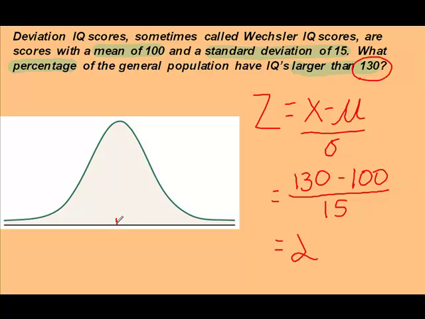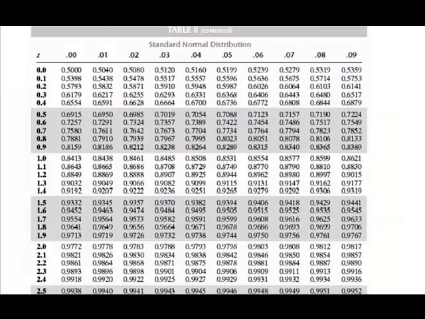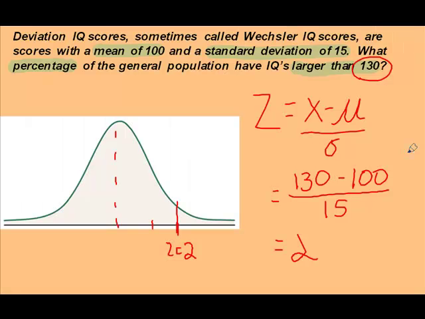So when I have my mean, 1 standard deviation, 2 standard deviations, my z-score of 2.00 is at 0.9772. So the area behind is what my chart gives me.